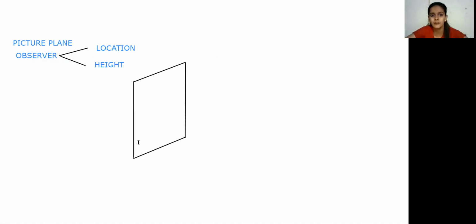It will look different. Go to the terrace and look at the same statue at the same place. But all the time, the perspective view will be different. Why? Your location is the same, but the height of the observer is changing. First floor, fifth floor, or a terrace, your height of observer is changed. So, if the height of the observer changes, the perspective view will change.